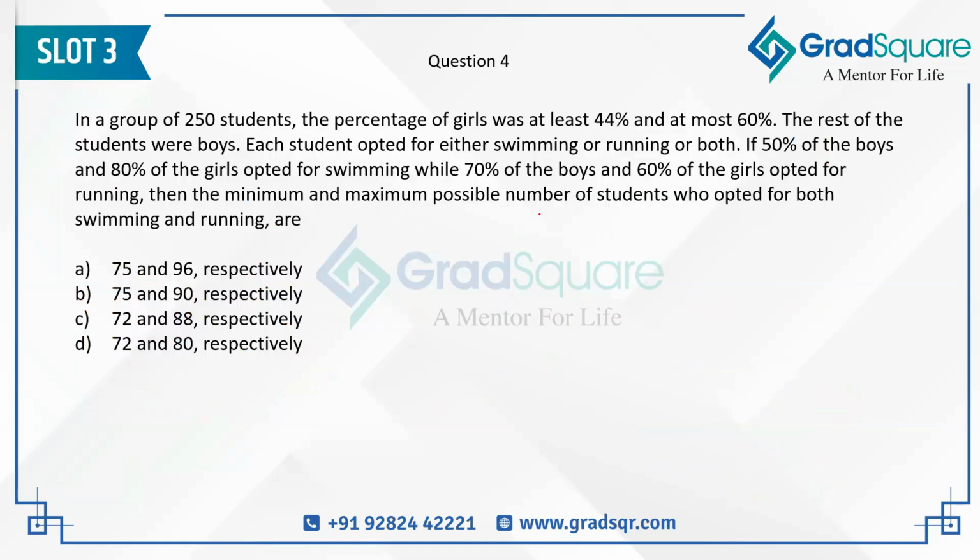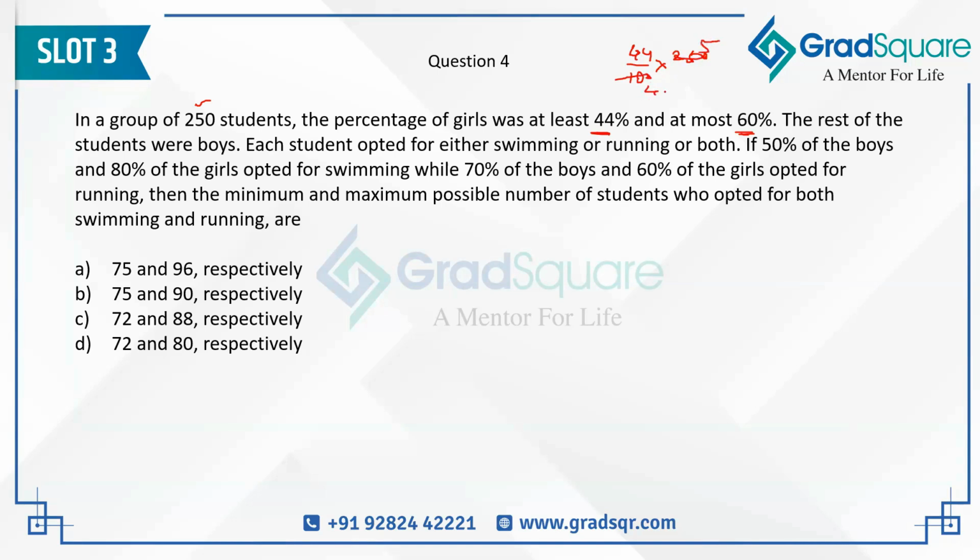In a group of 250 students, the percentage of girls was at least 44 and at most 66. So out of 250 students that you are talking about, you are saying at least 44 percent are girls. So let's quickly finish it off over here itself. 44 percent of 250 is what you are trying to calculate.